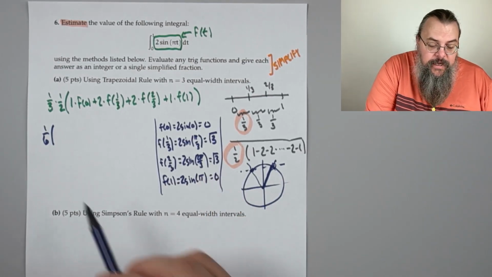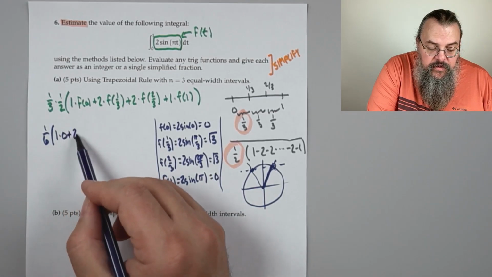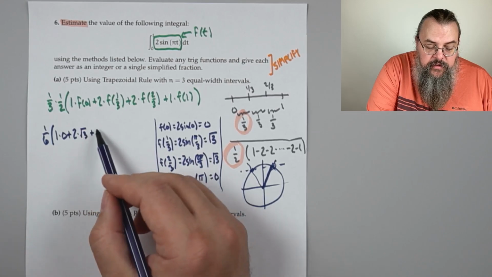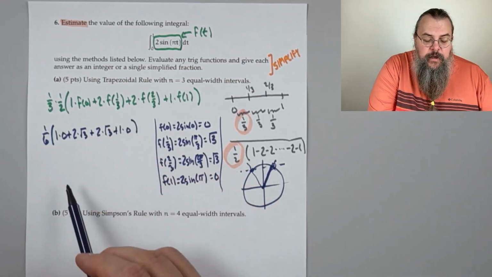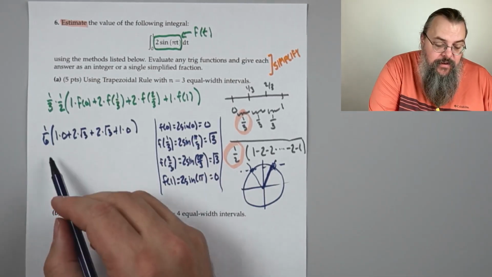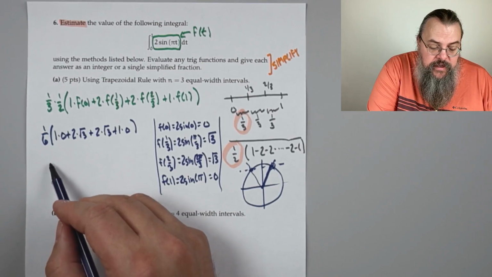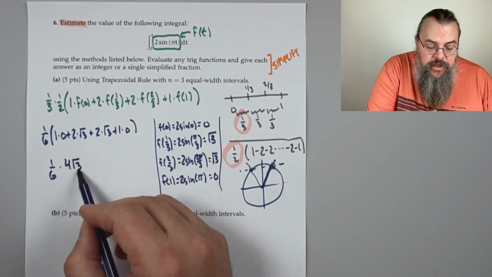All right, so what do we have? We have 1/6, 1 times 0, plus 2 times √3, plus 2 times √3, plus 1 times 0. Well, we don't need to worry about the times 0 stuff. That's going to go away. So we have 1/6 times 4 root 3.